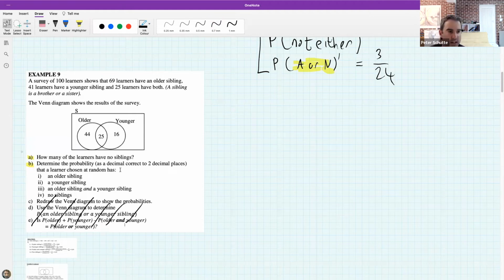And what you're given here is 100 students who are being surveyed, and 69 students have an older sibling or an older brother or sister, 41 have a younger sibling, and 25 have both. The Venn diagram shows this information. I want you to try and answer these questions for me.